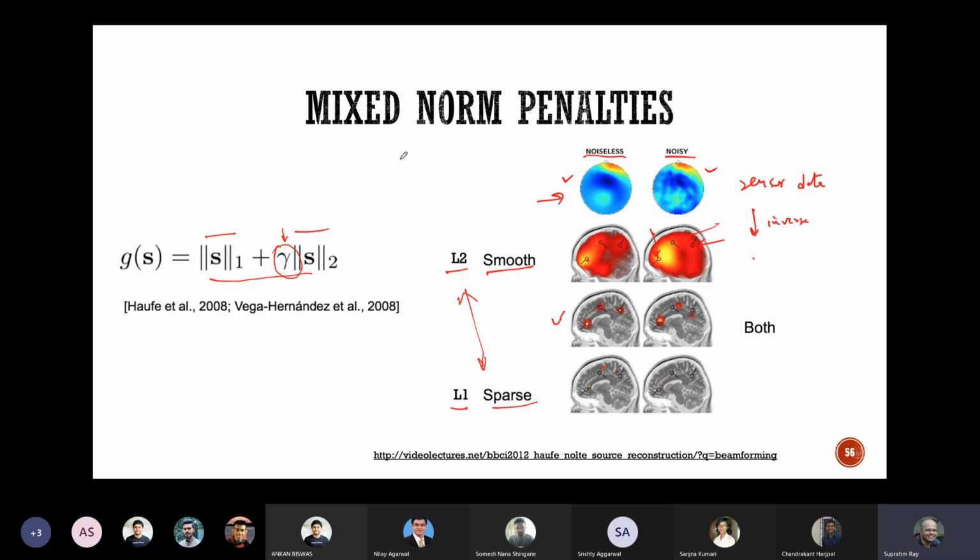Okay, so you see the G matrix is already defined because you have some head model, you have some source model, and you have some electrode locations.